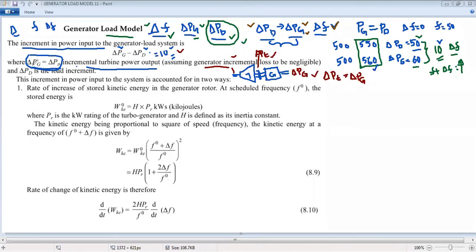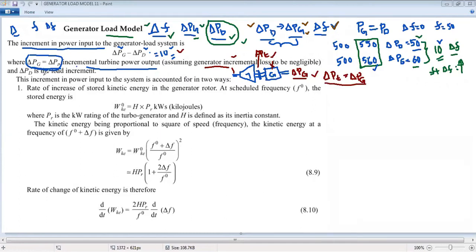So here delta PG equal to delta PT is nothing but this one. The output of the turbine power is given as an input to the generator, and the output of the generator is delta PG. Inside losses are negligible, we are assuming. So the input to the generator is equal to the output of the generator. This is one assumption.